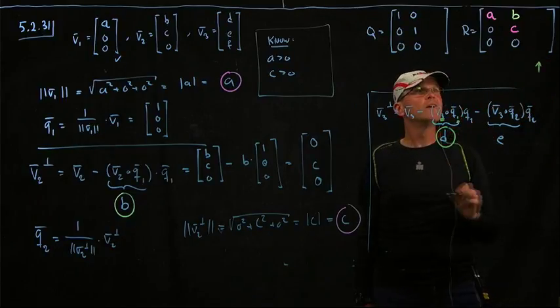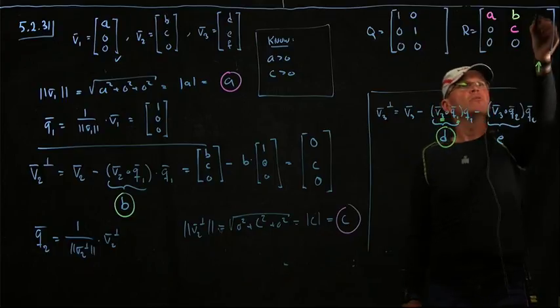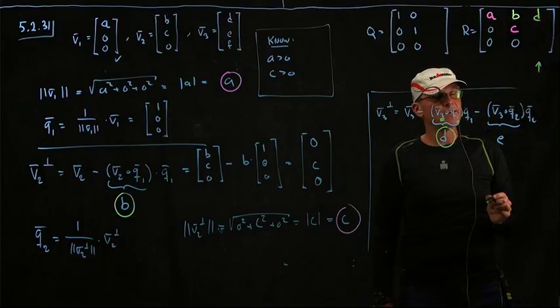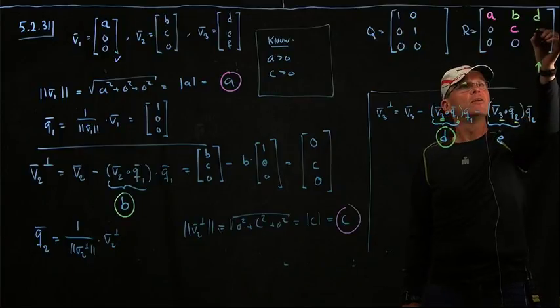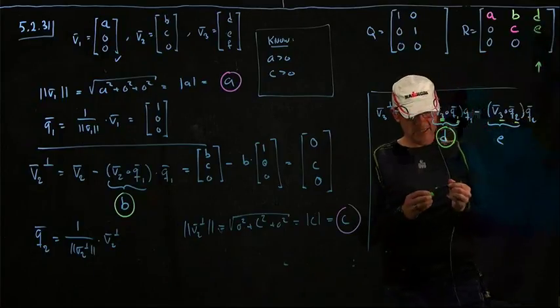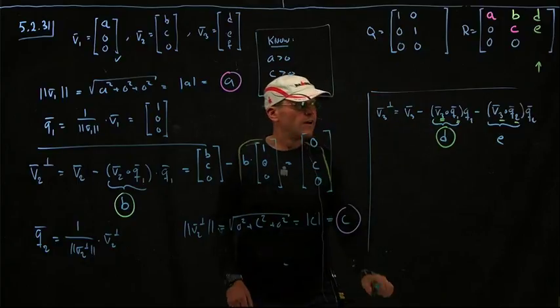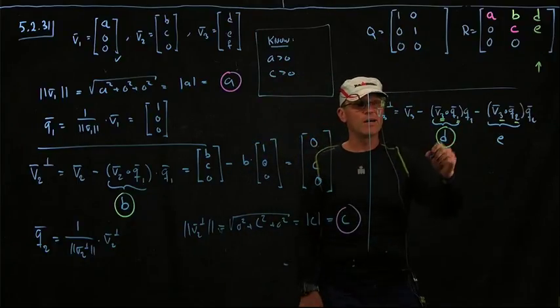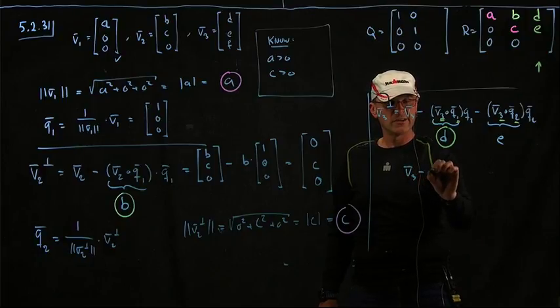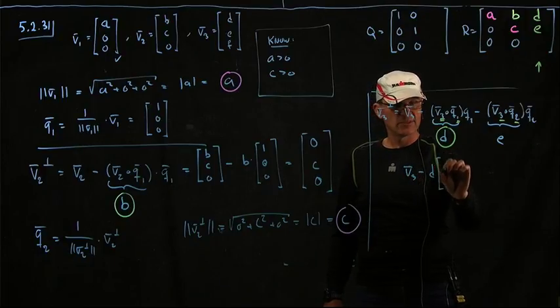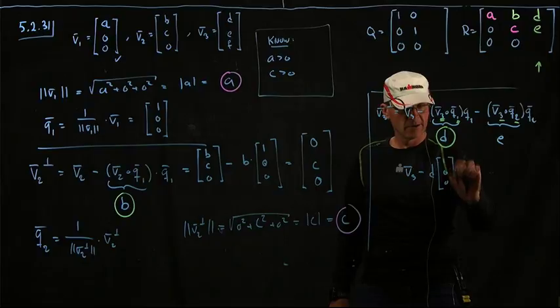The 1 tells us that we're in the first row. So we have D. And here we have third column, second row. So that's our E.